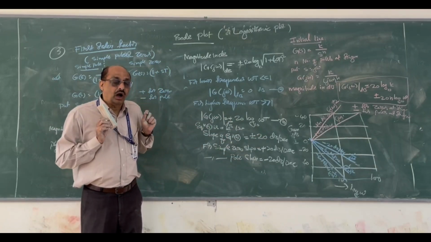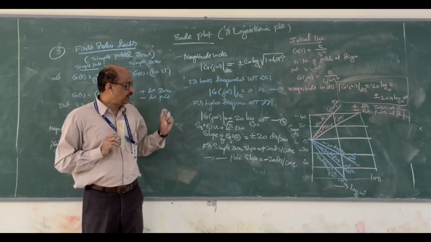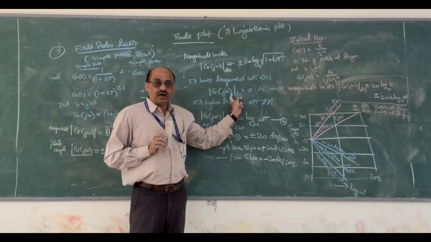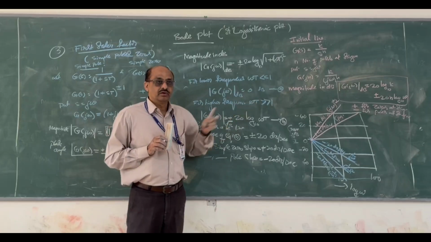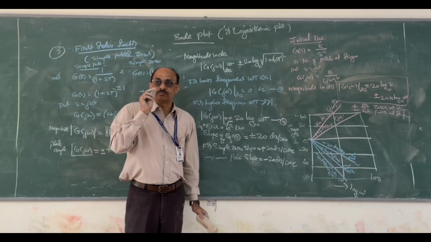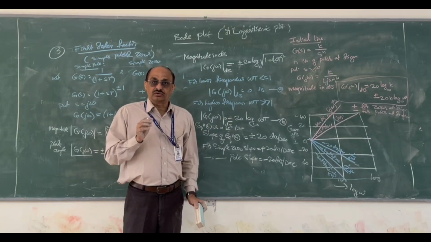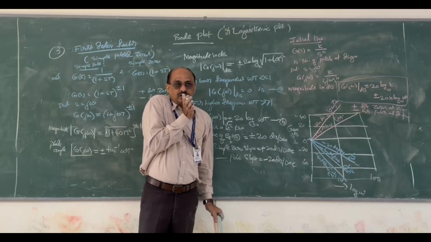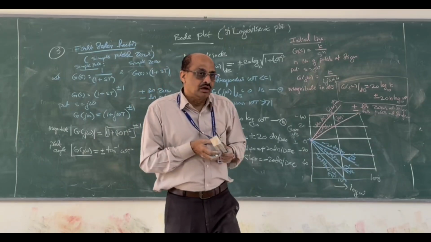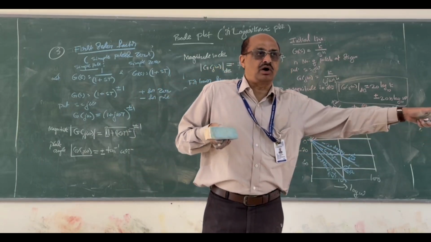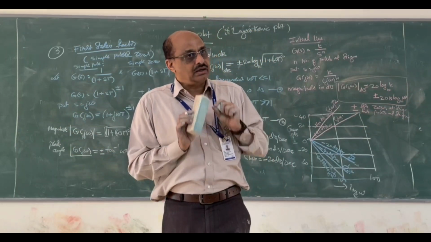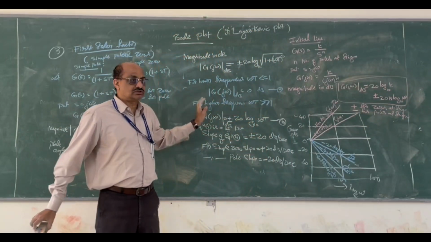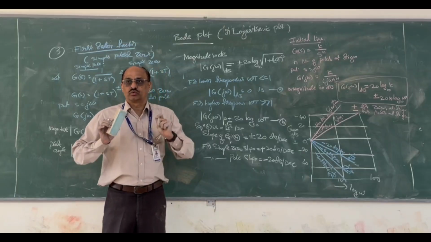Okay. And note that this is very important. Unlike the initial line, which starts from a very small frequency up to a large frequency, the simple zero and simple pole are not so.